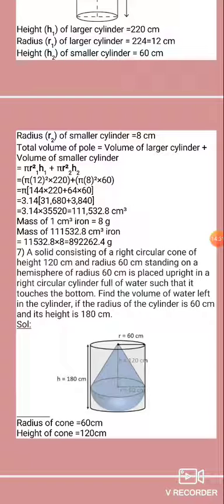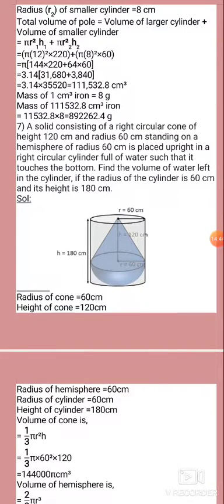Find the volume of the water left in the cylinder, if the radius of the cylinder is 60 centimeter and its height is 180 centimeter. So the given condition, radius of the cone is 60 centimeter, height of the cone is 120 centimeter. Radius of the hemisphere is equal to 60 centimeter, radius of cylinder 60 centimeter, height of the cylinder is equal to 180 centimeter.